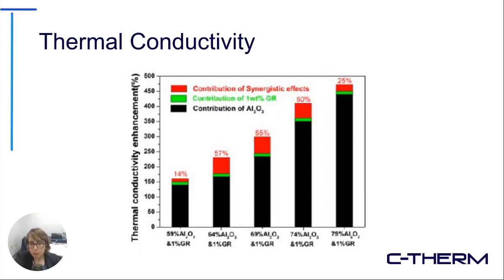It's performance that would not be there except for the synergistic interactions between the alumina and the graphene. Again, this data was collected using the modified transient plane source technique available on Trident.